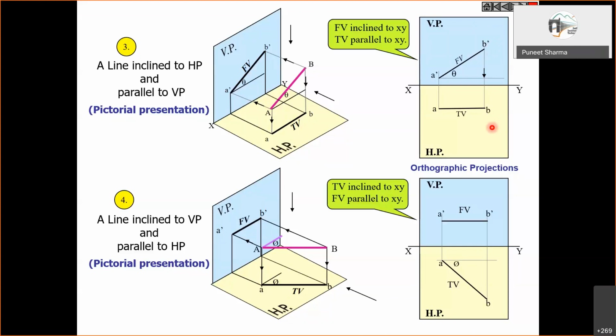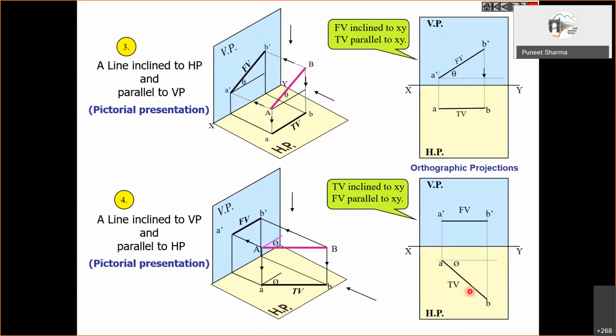The exactly opposite procedure we will adopt for this. You will locate A dash. First of all, you will locate B using the true length and true inclination, and then you will draw this projector. You will draw a line parallel to this and locate B dash. But when the line is inclined with both the planes, we will not be able to have the true length in this view or this view.